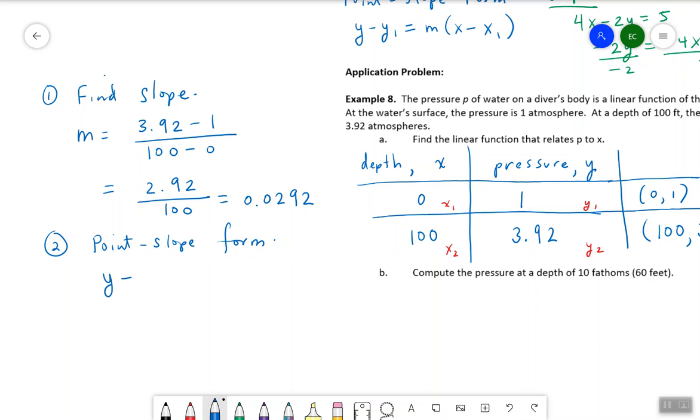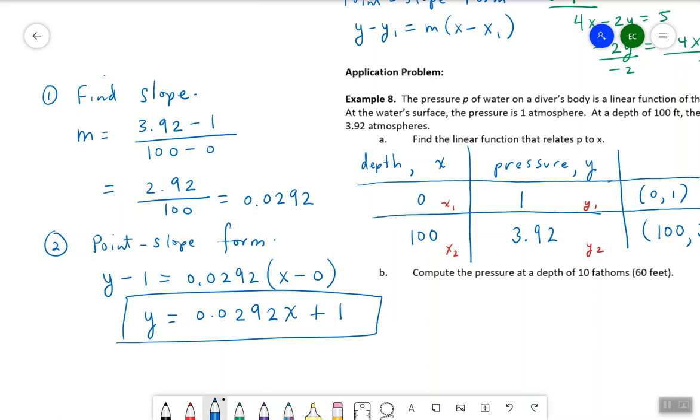And we'll have y minus y1 is equal to m times x minus 0. That's a nice thing. That's going to simplify a little bit, isn't it? So we'll just have on the right side 0.0292 times x. And then when we add 1 to both sides, then there's our answer.